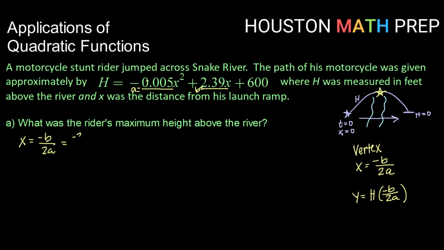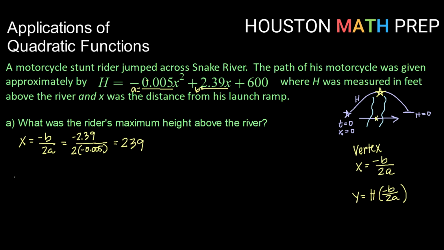So that's going to be negative 2.39 divided by 2 times negative 0.005. Using my calculator, that comes out to be 239. Now that's not his maximum height. Remember, that's actually the x distance where he reaches that maximum height.